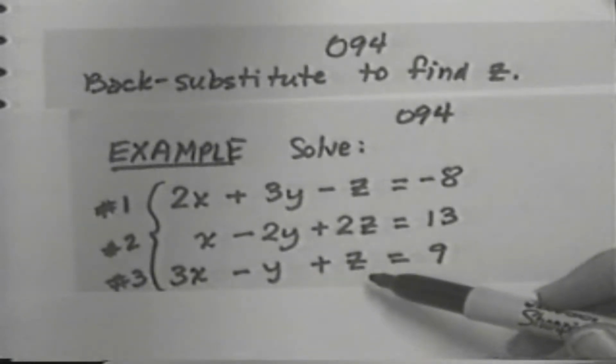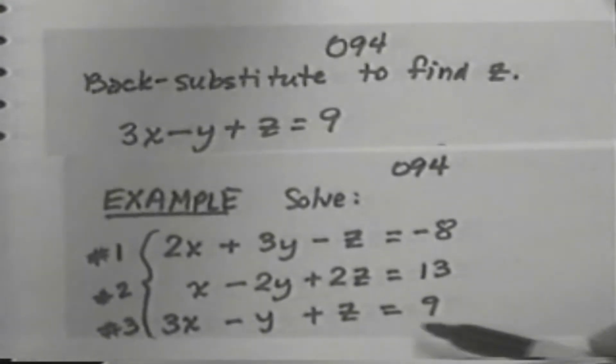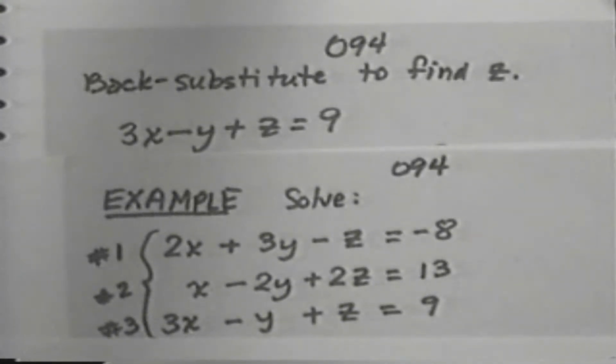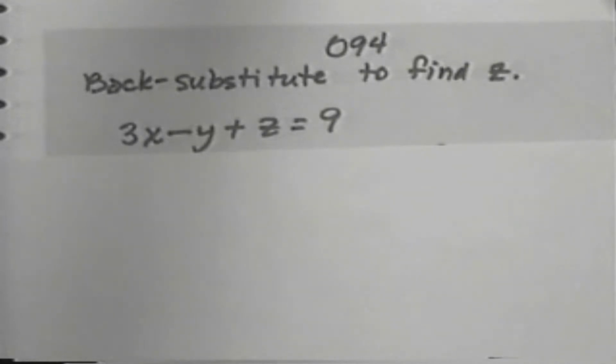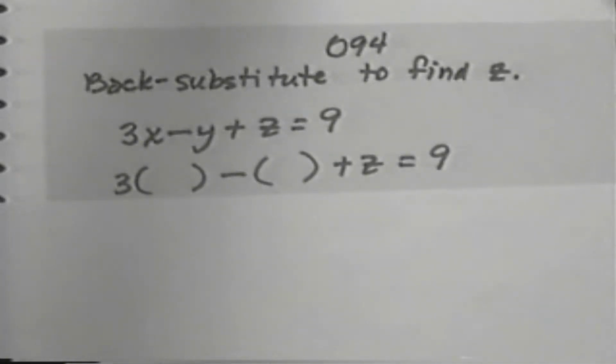So I'm going to do just that. Use equation number 3, 3x minus y plus z equals 9, and back substitute to find the z value. Well, for our back substitution, we have 3 times the unknown x minus the unknown y plus z equals 9, but we do know the x and the y.